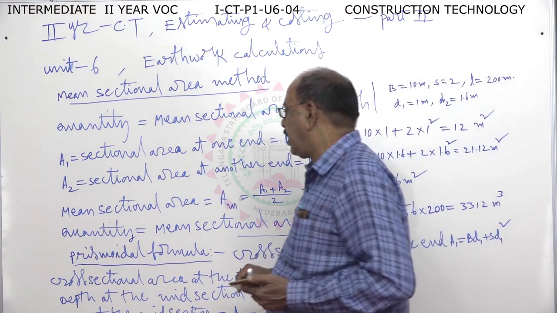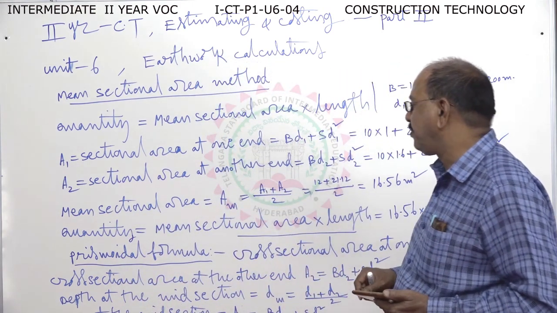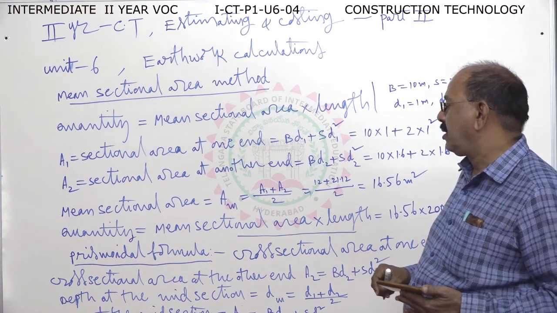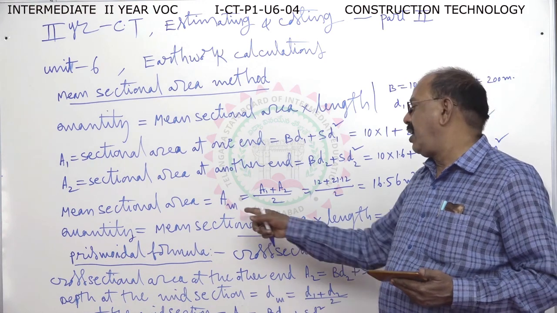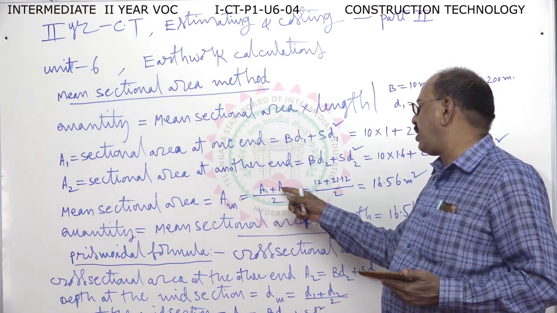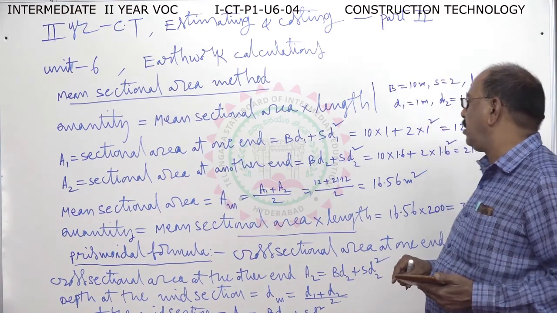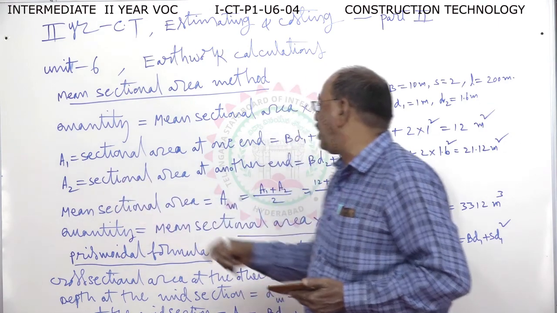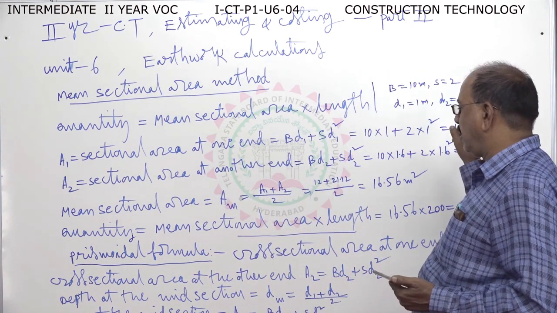Next, mean sectional area. Next step, mean sectional area AM. For that also there is a formula. AM is equal to A1 plus A2 by 2. A1, have we calculated? Yes, we have calculated. A1, sectional area at one end, is equal to 12 meters square.